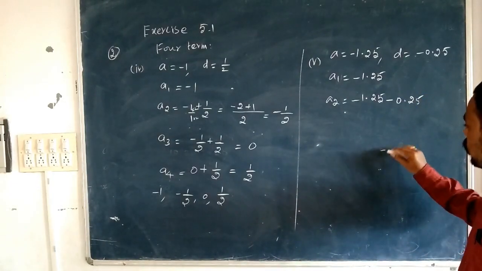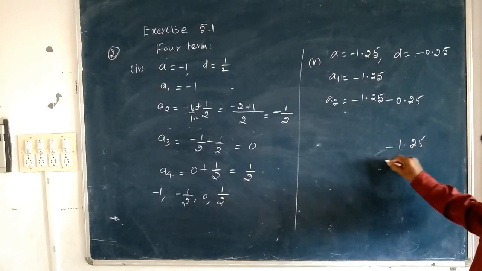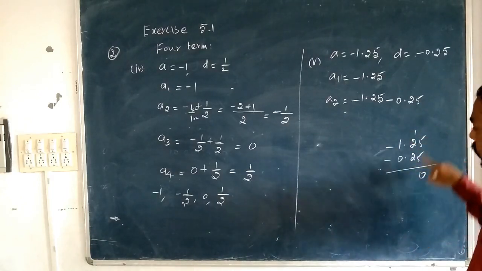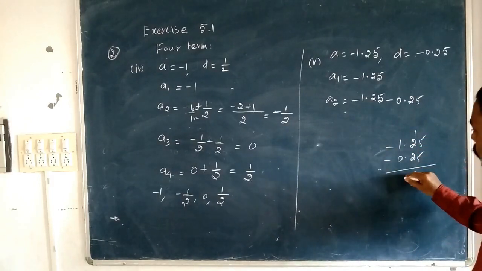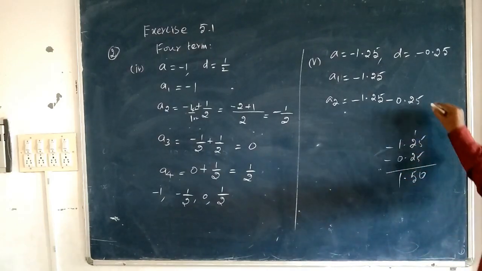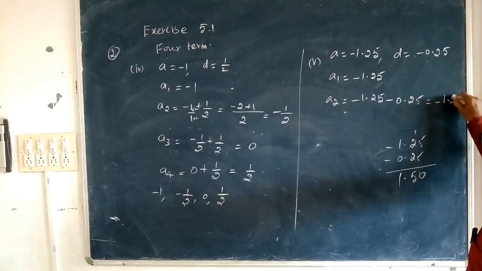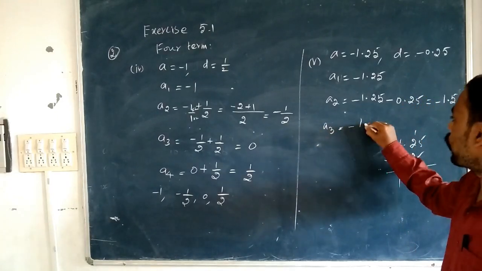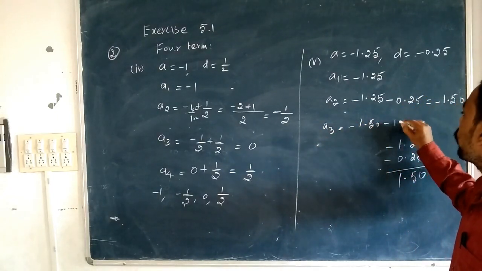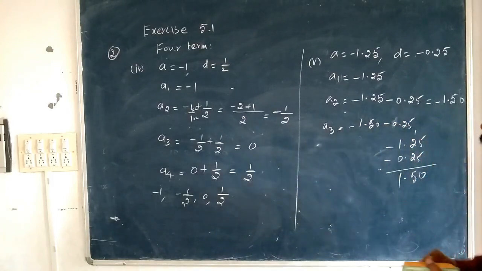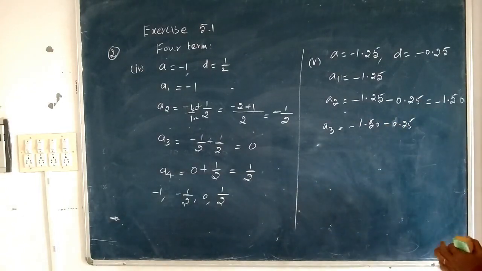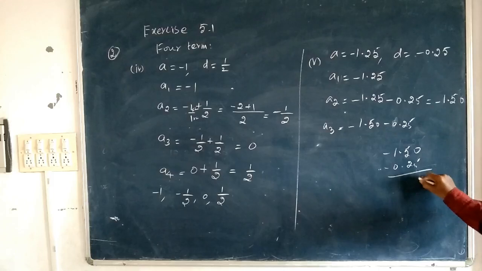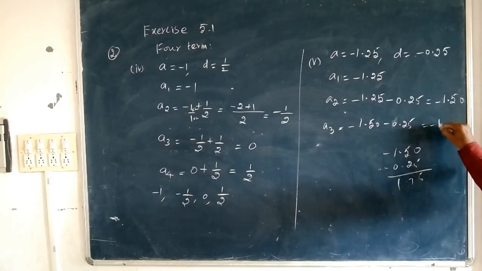Addition: you know that minus 1.25 minus 0.25 equal to minus 1.50, we can write as minus 1.5. Next, A3 equal to minus 1.50 minus 0.25, so minus 1.75.